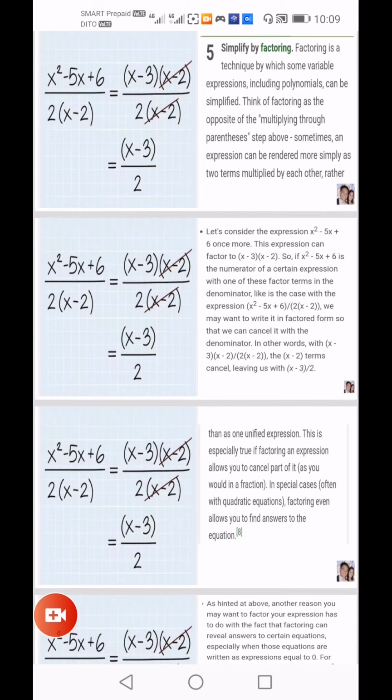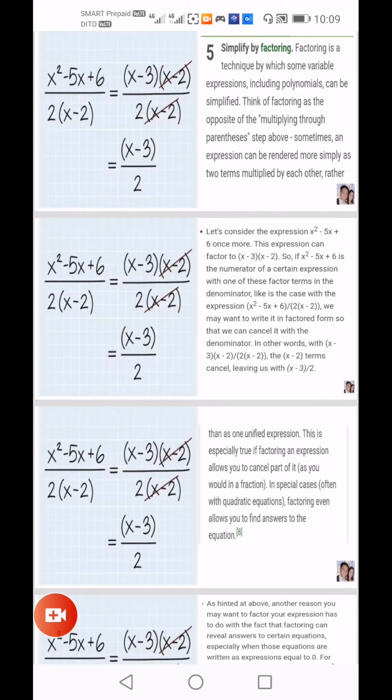times x minus 2. So if x squared minus 5x plus 6 is the numerator of a certain expression, which has one of these factor terms in the denominator, like is the case with the expression x squared minus 5x plus 6 divided by 2 times x minus 2, we may want to write it in factored form so that we can cancel it with the denominator.